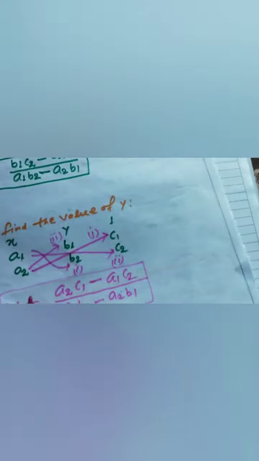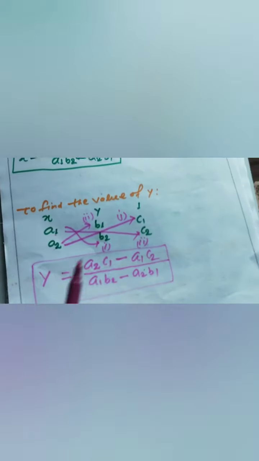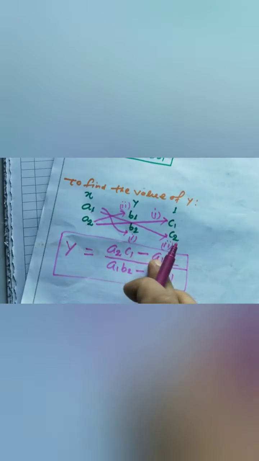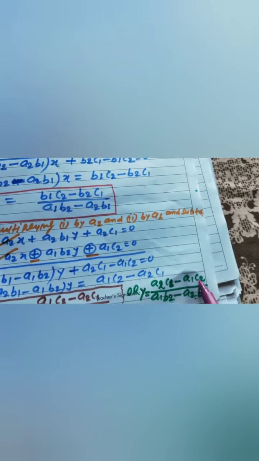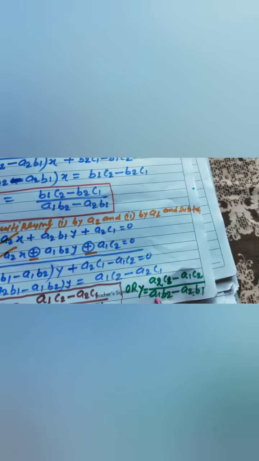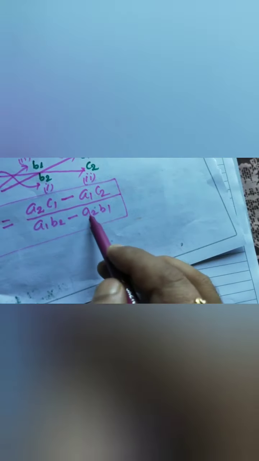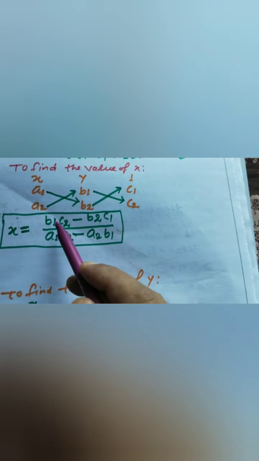Now see, we have found the values, and both are the same: a2 c1 minus a1 c2. The value of y is a2 c1 minus a1 c2, and in the denominator a1 b2 minus a2 b1. So here we have got a1 b2 minus a2 b1 in the value of y, and in the value of x we have in the numerator b1 c2 minus b2 c1.